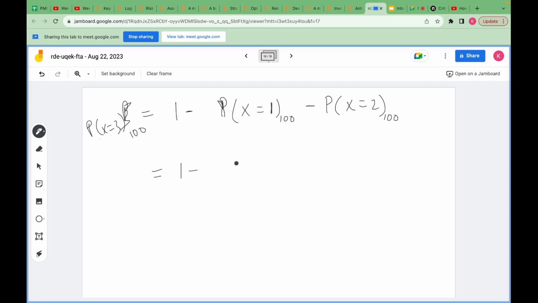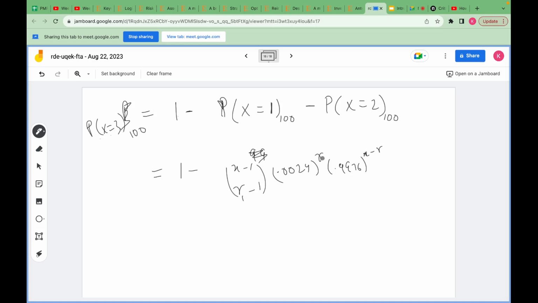So we apply the formula, which is x minus 1 C r minus 1, success rate 0.0024 to the power r, and 1 minus p, which is 0.9976, to the power x minus r.